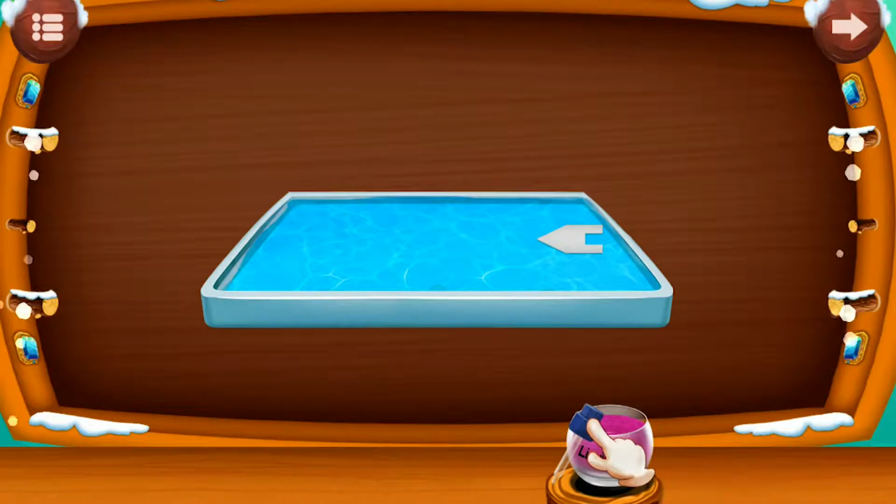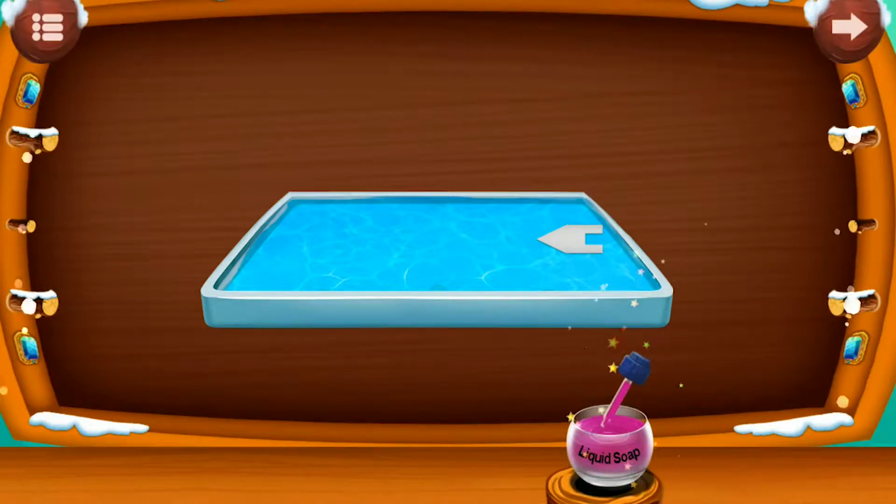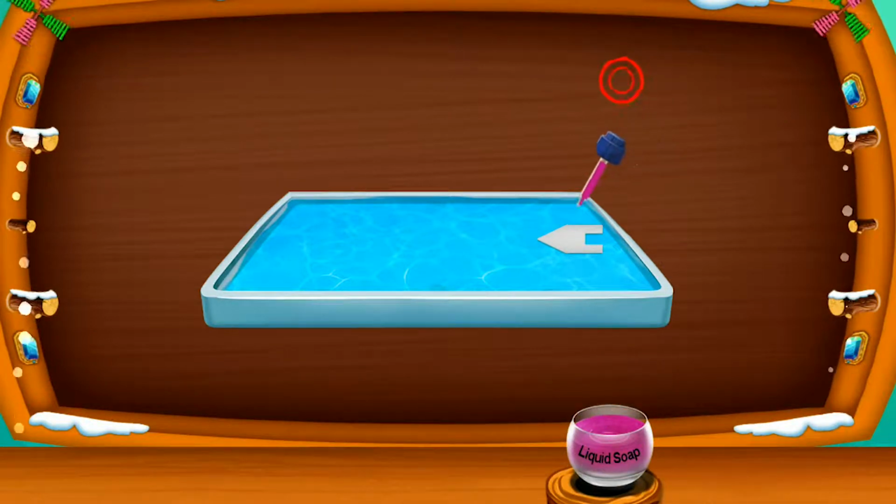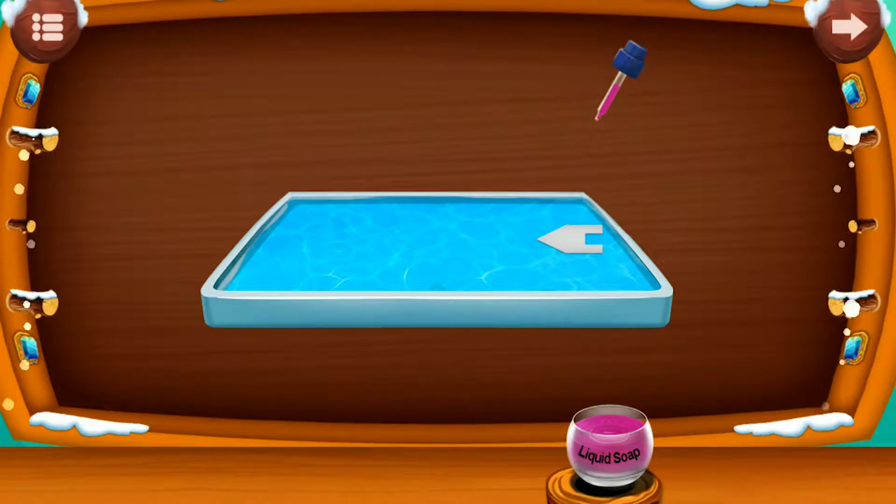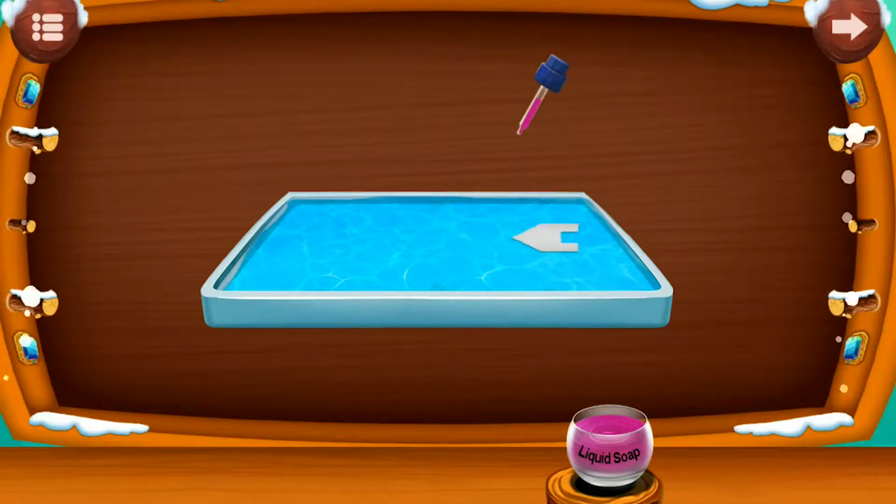Put the drops of liquid soap behind the paper. You will observe that the boat is moving.